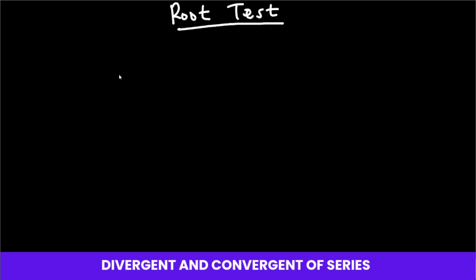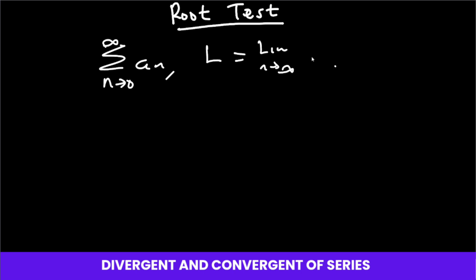Now let's talk about the root test. The name, root test. Let's say we have a series, the sum from n equals 0 to infinity of a_n. Whether a_n diverges or converges depends on a certain parameter called L. L is defined by the limit as n approaches infinity of the absolute value of a_n to the power 1 over n.